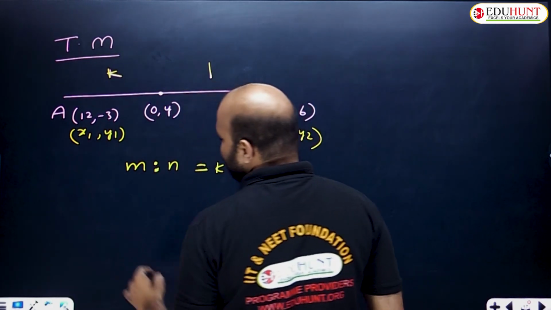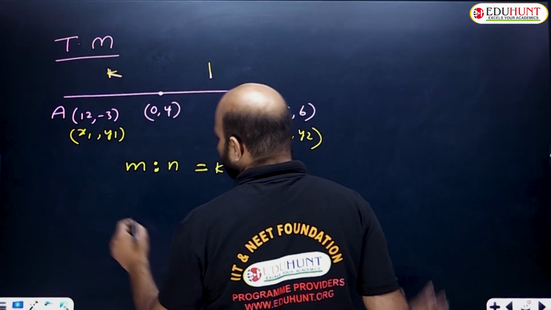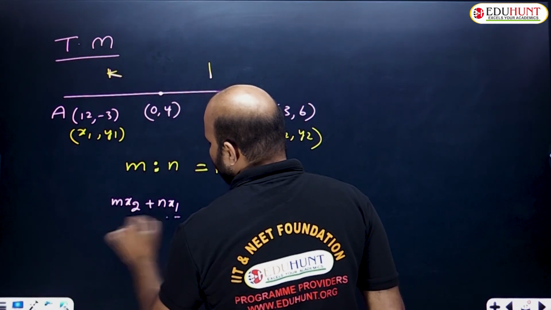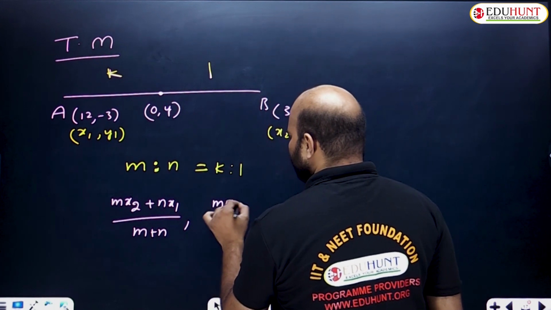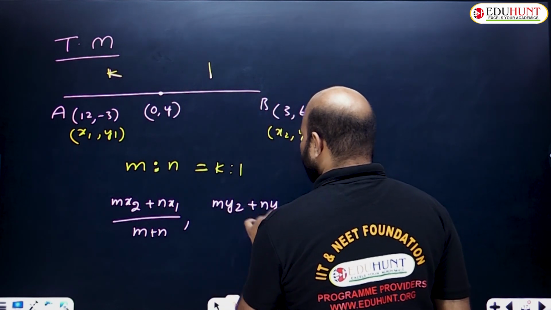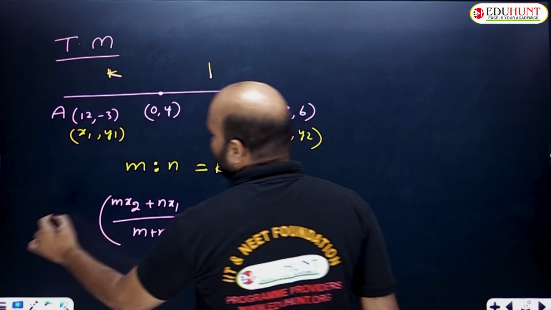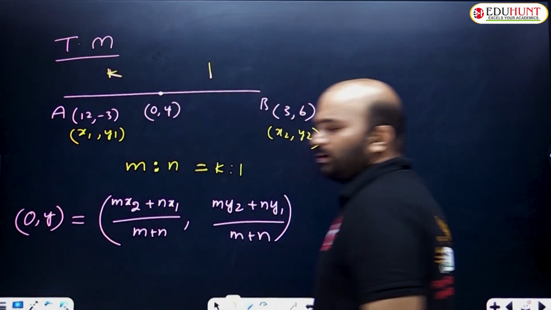By using the section formula, what is the section formula? (m x2 plus n x1) by (m plus n), comma (m y2 plus n y1) by (m plus n). This is the section formula. The point I already took is 0 comma y, so it equals 0 comma y.